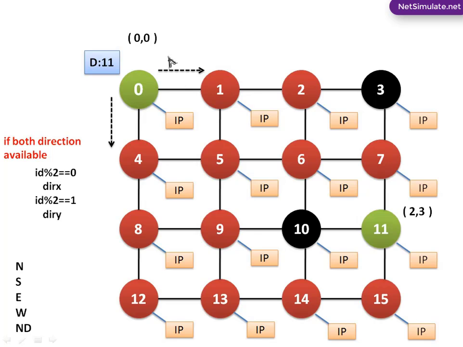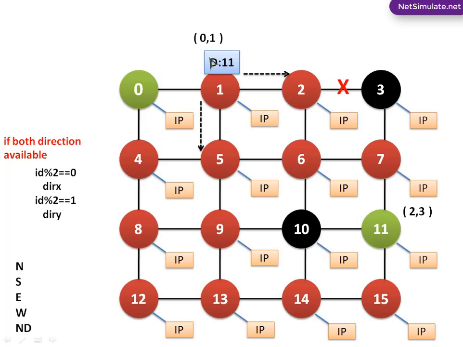So two directions are possible, east and south. So in case if we are having two direction possible, this code will be executed. id is then id of the current node. So in this case first condition is true, so direction x will be opted and packet will be transmitted to east neighbor.